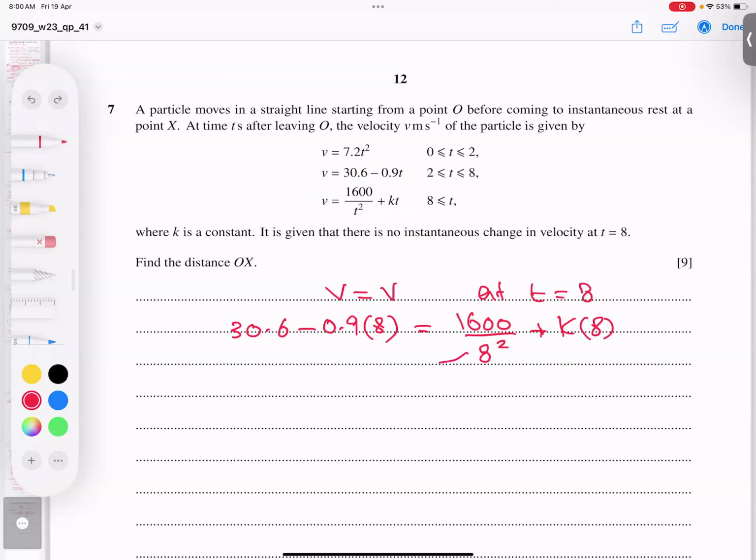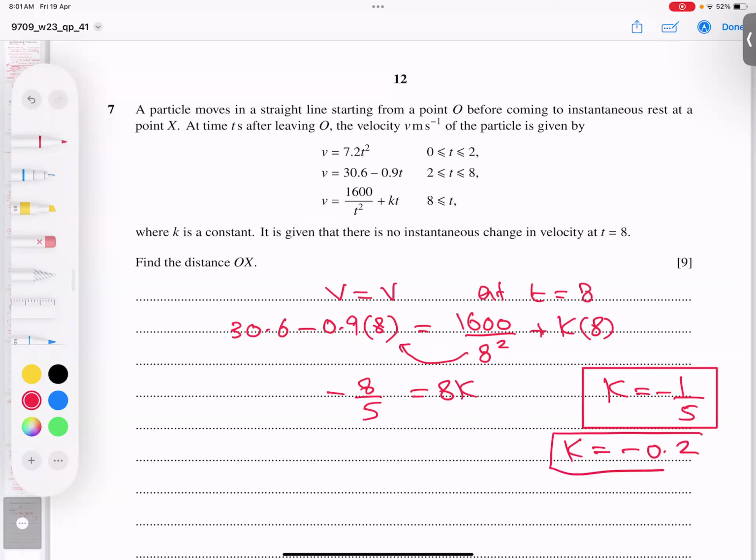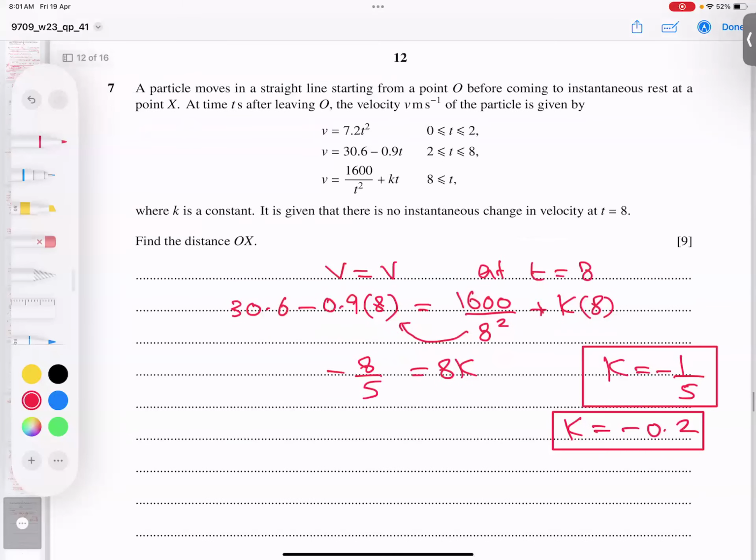Let me bring it to this side first, and I type in the calculator 30.6 minus 0.9 times 8 minus 1600 divided by 64. My value is coming negative 8 over 5 equals K times 8. The 8 will cancel out, and I get negative 1 over 5. So you can write negative 1/5 or K value negative 0.2, both are correct. Now we have the K value.